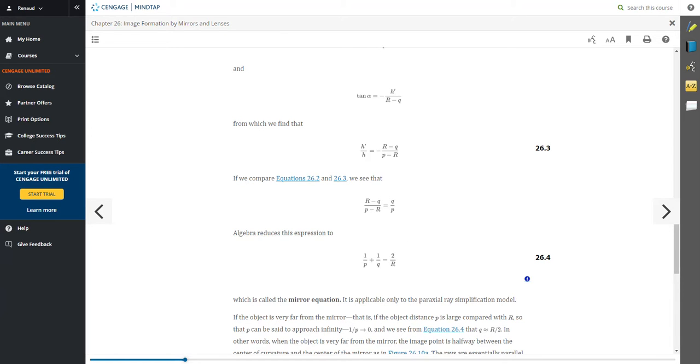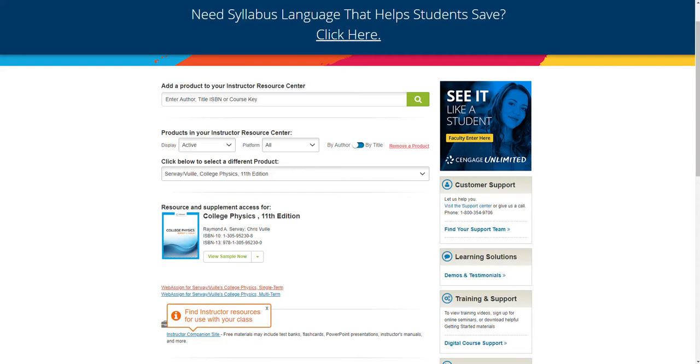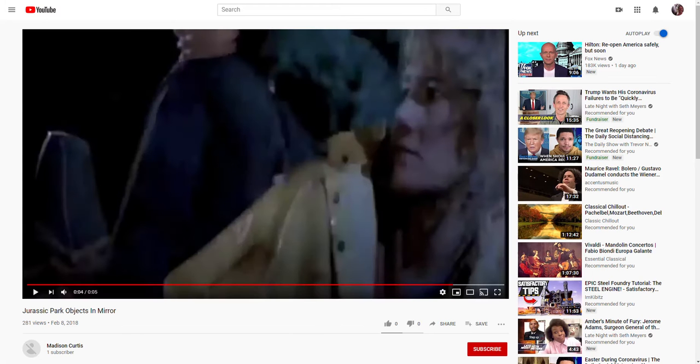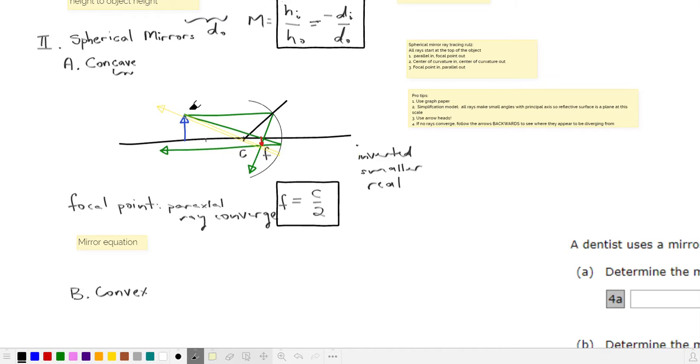Now, they use slightly different symbols than other textbooks, and I find it confusing to keep track of what is P and Q. So let me just write it in terms of the object distance and the image distance. It's 1 over the object distance plus 1 over the image distance.